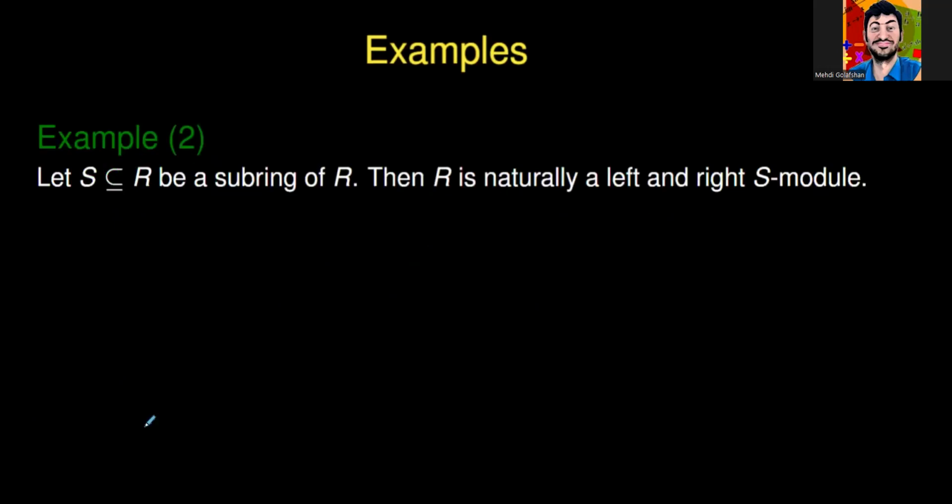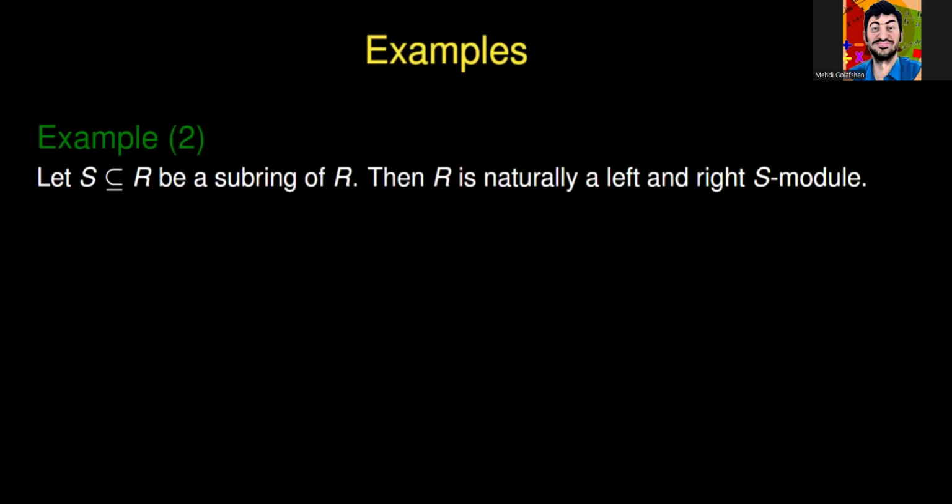So let's go to the next example. Suppose that S is contained in R, so suppose that S is a subring of R. Then R is naturally a left and right S module. So let me discuss a little bit with you.